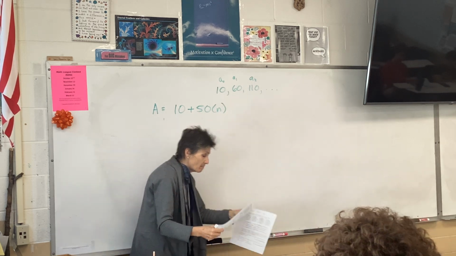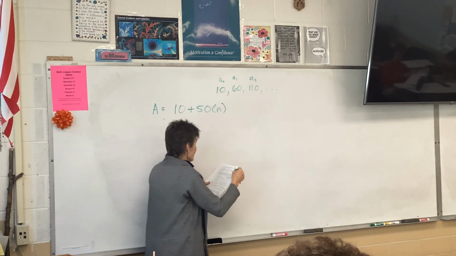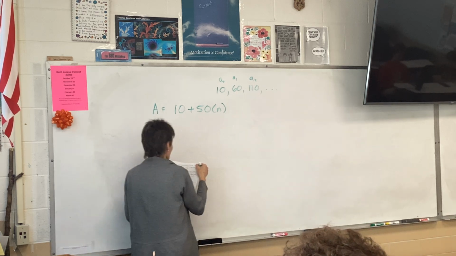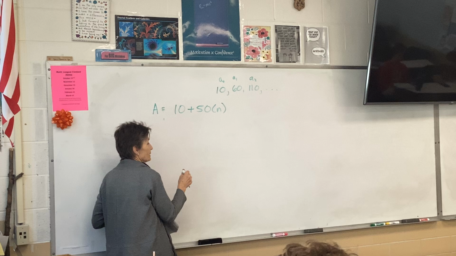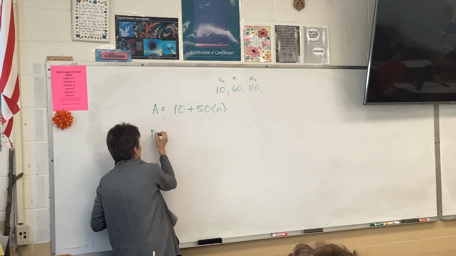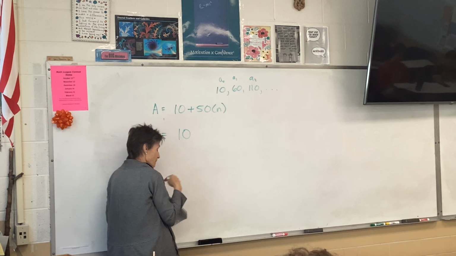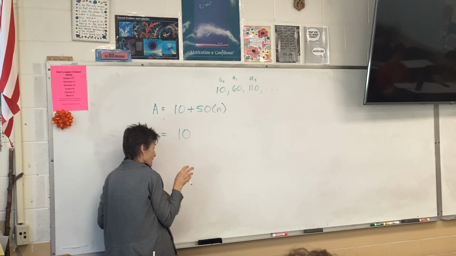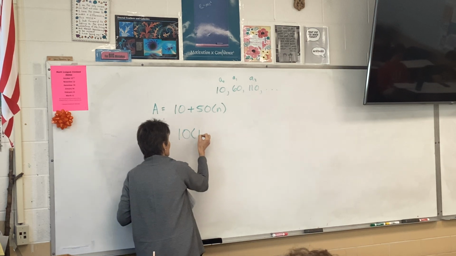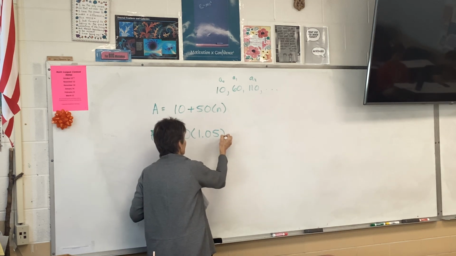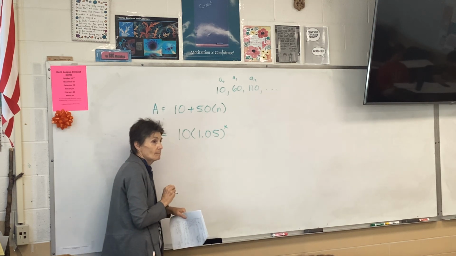Now, what is vine B doing? Vine B grows by 5% a day. So it started out as 10 at the very beginning, before any days, very beginning. And then it is increasing by 5%.